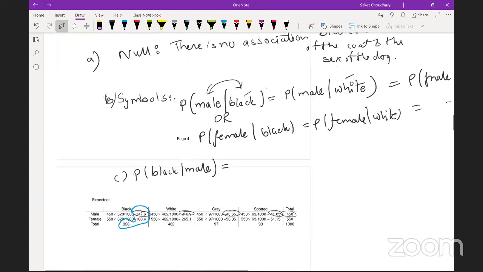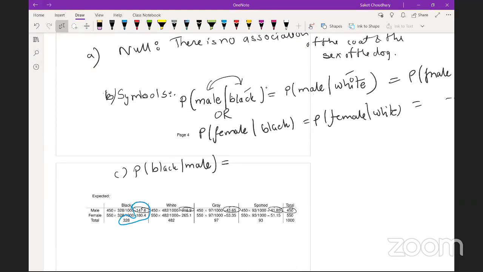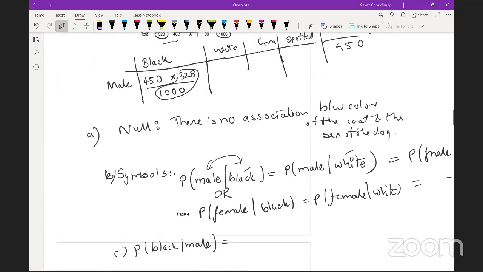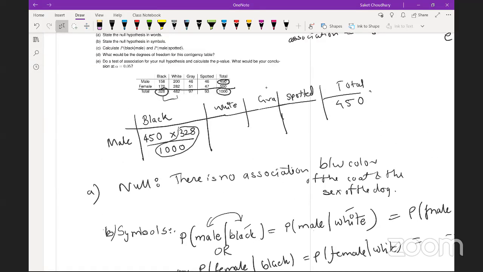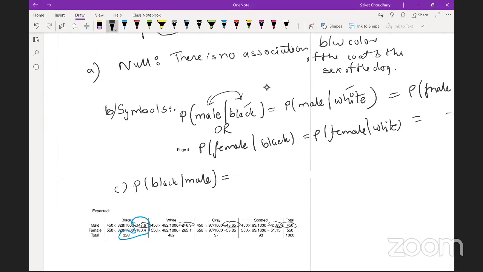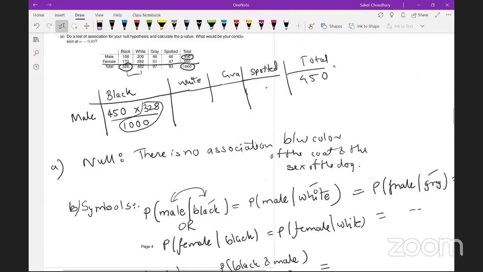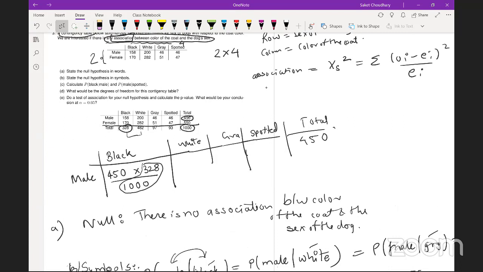Is it 158 over 328? Okay, let's see. So this is what? We are black and male, and we are male. Is that right? Okay. So what is the probability that we are black and male? So let me use a different color. We are black and we are male.